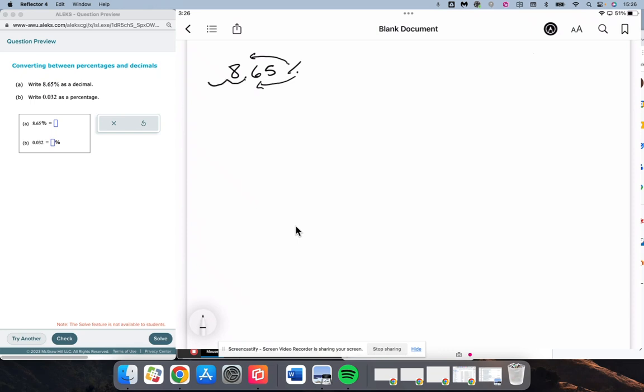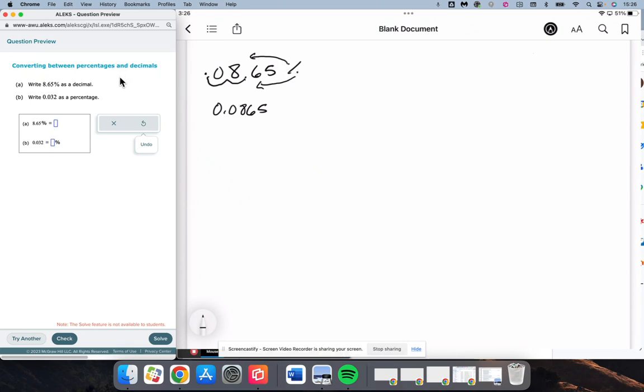So 1, 2, just like butt cheeks, like I mentioned a moment ago. I put two decimal places back in. I end up with 0.0865. And so this percent symbol here helps me remember to put two decimal places back in, pushing the decimal to the left, 0.0865.